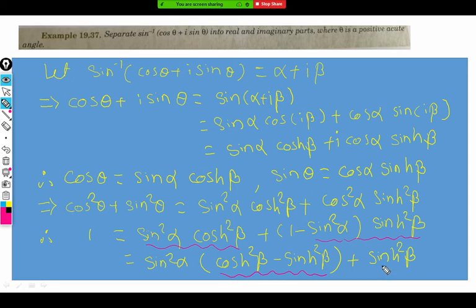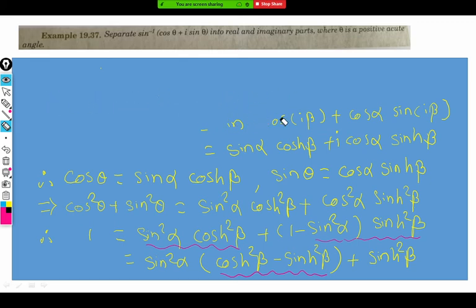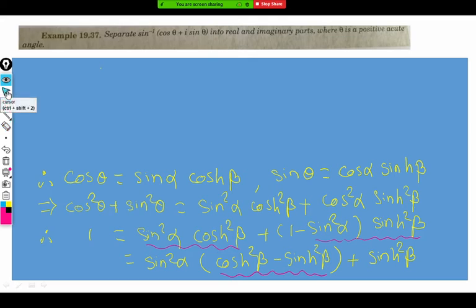Okay, let me write on the next. So we get 1 equal to sine square alpha plus sine h square beta.